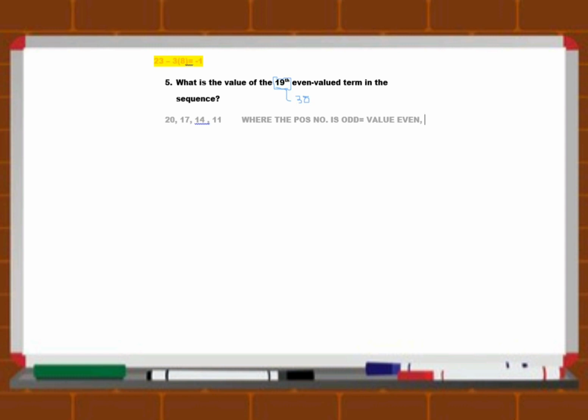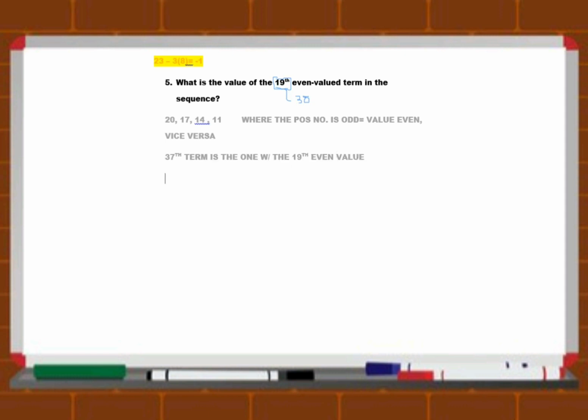and vice versa. If we start from 1, 3, 5, 7, if you count all of them, you will find that the 37th term is the one that has the 19th even value. So how are you going to write this?